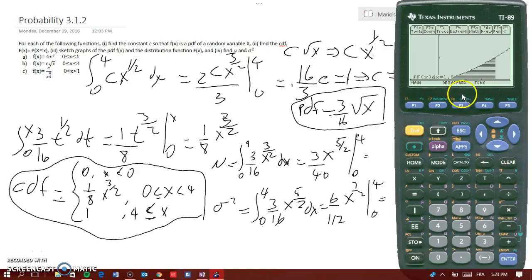What I was saying is this: when you show your graph on your paper, from here to here, that will be the 0 line. That will be like no line right here, just no line.